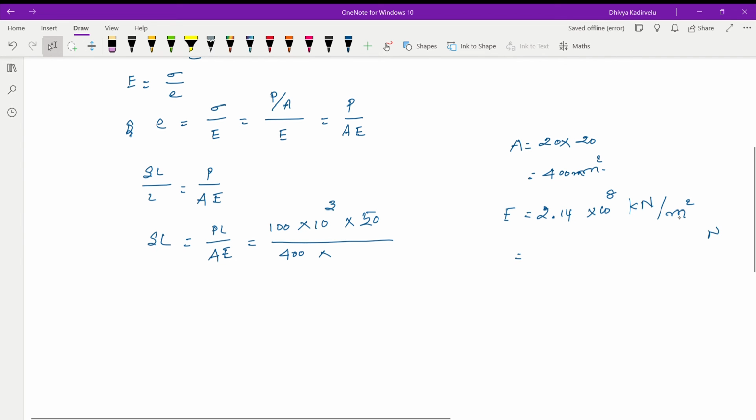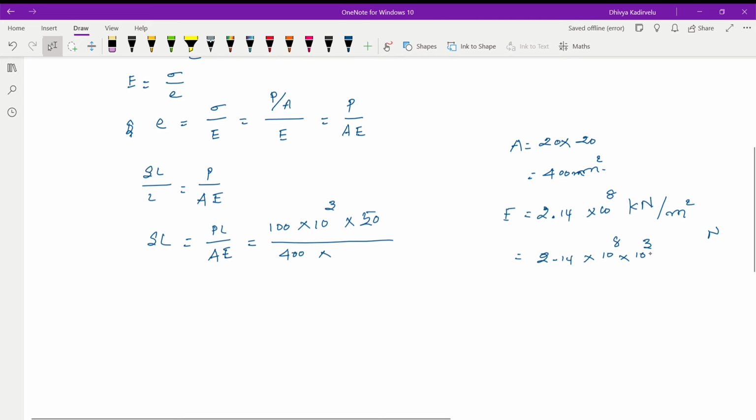So how can I convert? If you know already, you can directly convert this value into Newton per millimeter square. If you don't know, you can observe and do the calculation by yourself later, right? So 10 power 8 is given, and kilo is equal to 10 power 3.